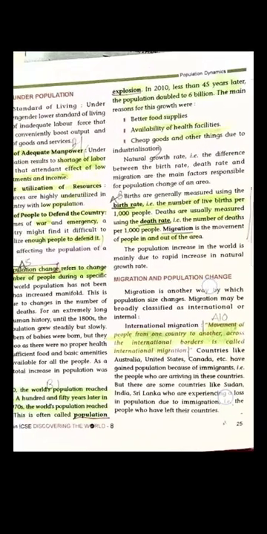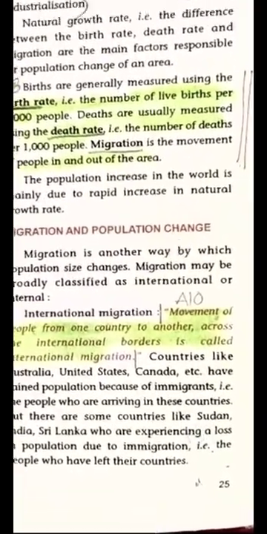The reasons for natural growth rate were the birth rate, the death rate and migration. So today we are talking about migration. We are going to study migration and how it changes the population.